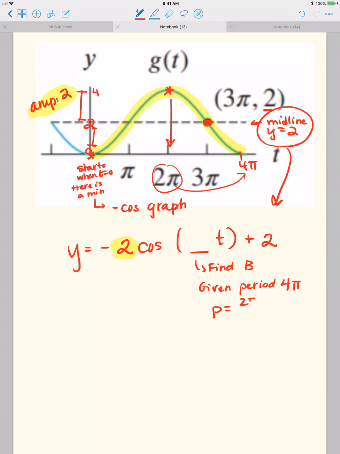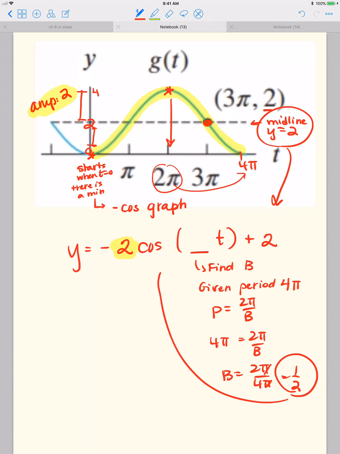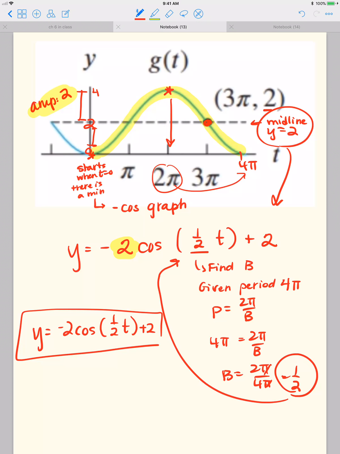Again, we're using that period as 2 pi over b. So 4 pi equals 2 pi over b. Again, solving for b would make it 2 pi over 4 pi. The pi's cancel. You get a b value of 1/2. So your final answer is -2 cosine of 1/2 t plus 2 would give you that graph with those points.